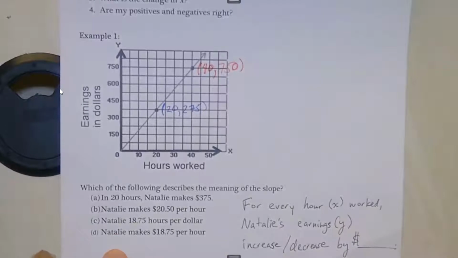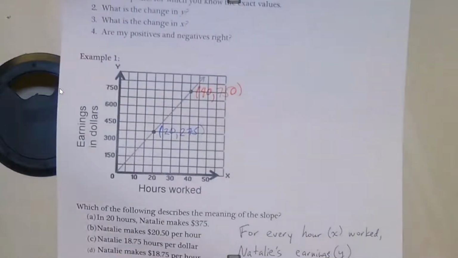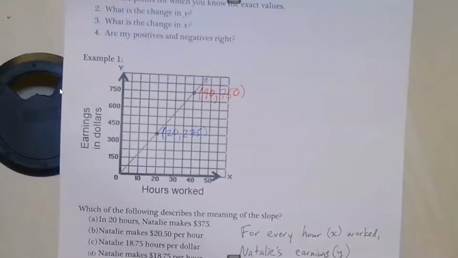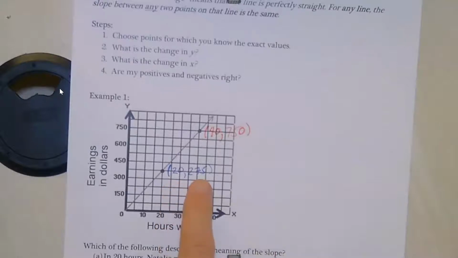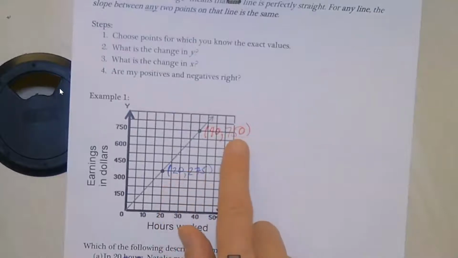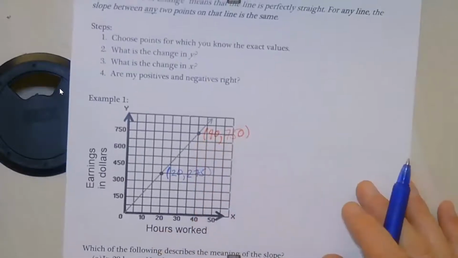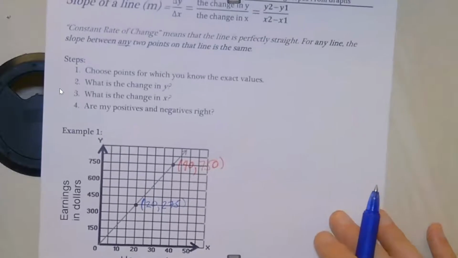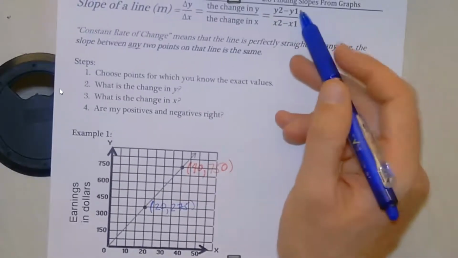All right, so now let's calculate the slope here. My value for y1 is 275. My value for x1 is 20. My value for y2 is 750. My value for x2 is 40. I'll use colors as I do this so you can see which one is which. So I'm using this equation.